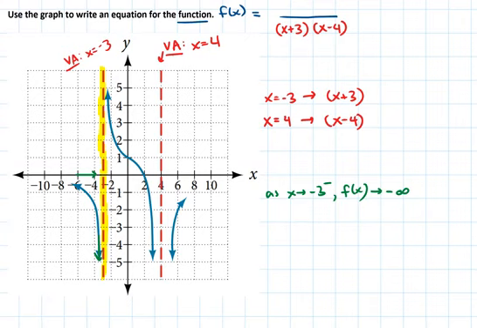Now, similarly, if we look from the other side, as x approaches -3 from the positive side, what is our function doing? We can see on this side of the asymptote, our function is shooting up to +infinity.